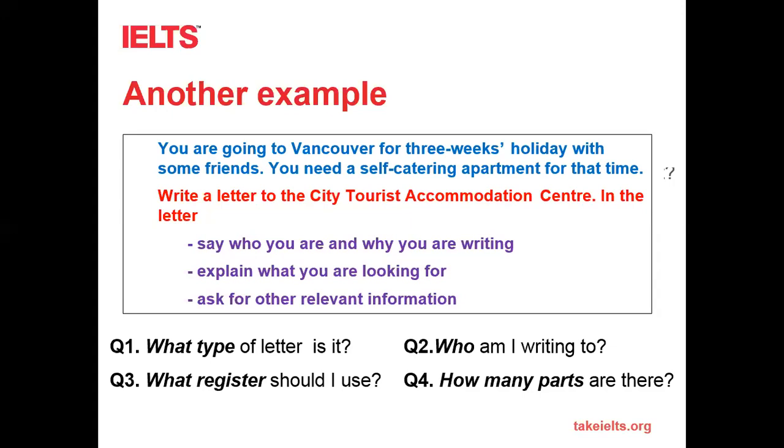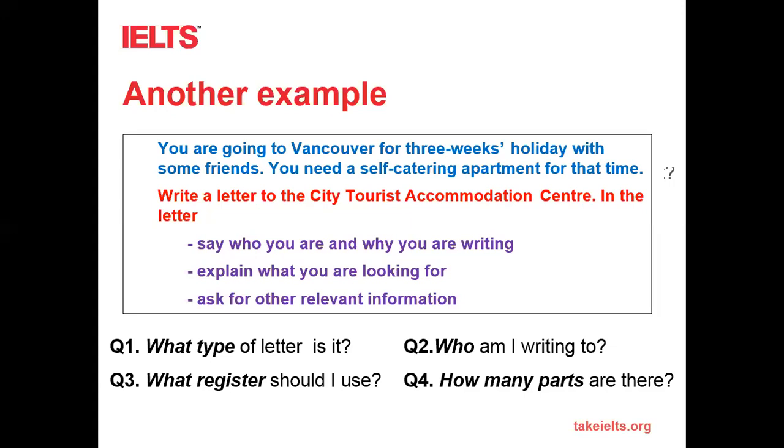So what would it look like, this letter? So probably starting with the Dear Sir, Madam, and then giving a little bit of background about the situation, describing the situation. Something along the lines of saying who I am. I'm a student, traveling with my friends to Vancouver from the 5th to the 26th of July.